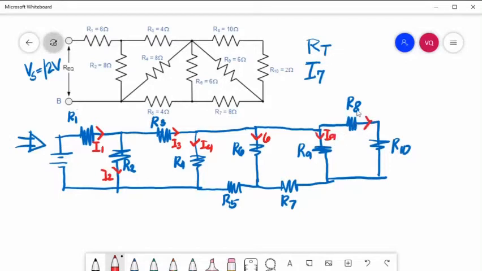This is, since R8 and R10 are in series, so this is I8, 10. And then, at the lower part of your circuit, babalik na yung parent. So, the direction of your I7 will be like this. So, I7 and then I5. So, there is no resistor. This will be your I total, or it is equivalent or equal to your I1. Okay.